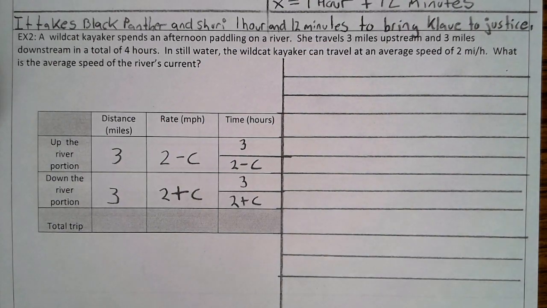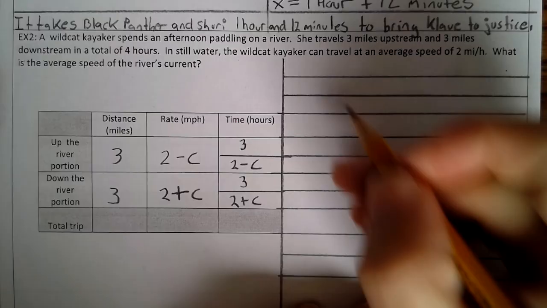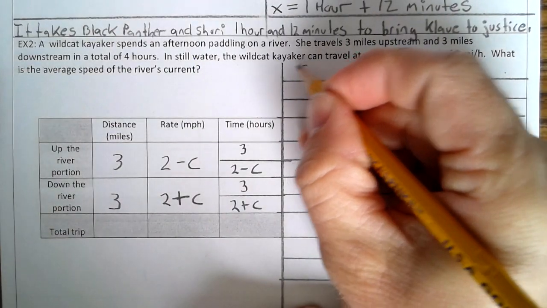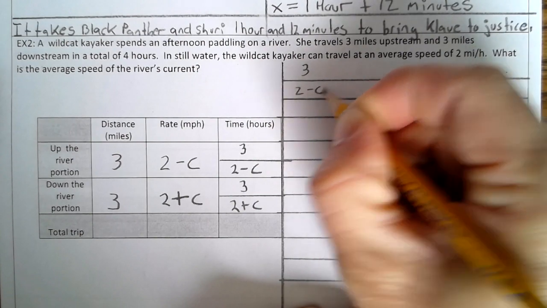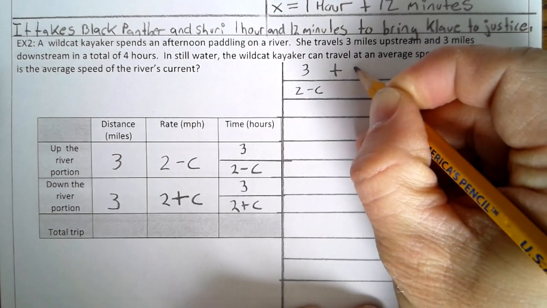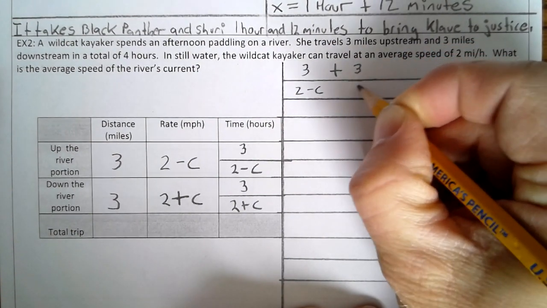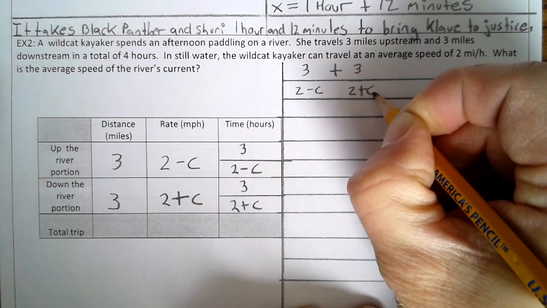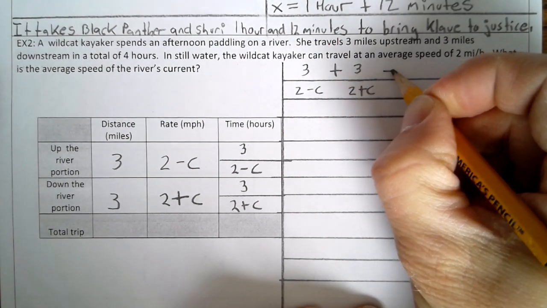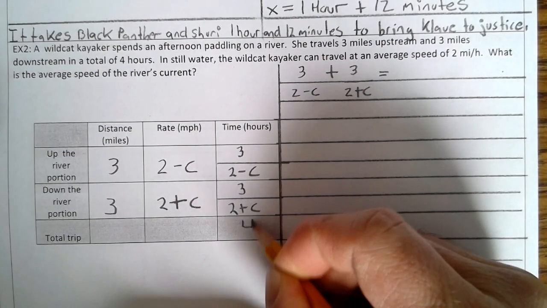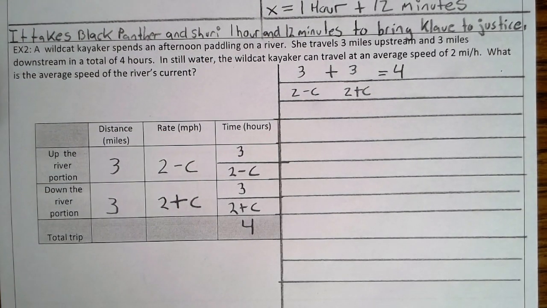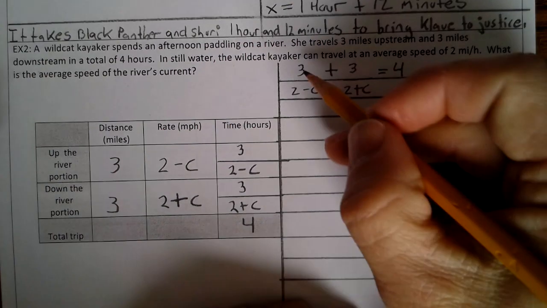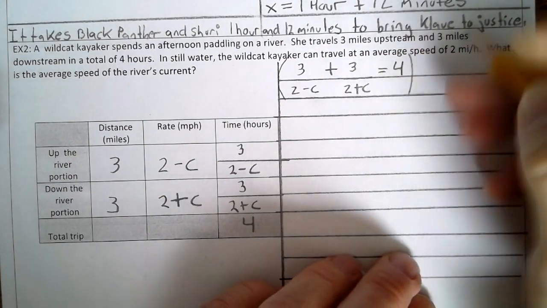Now we write the equation. So that's 3 divided by 2 minus c plus 3 divided by 2 plus c equals, it says, a total of 4 hours. Okay. Now, again, we multiply by the common denominator, which in this case is 2 minus c times 2 plus c.